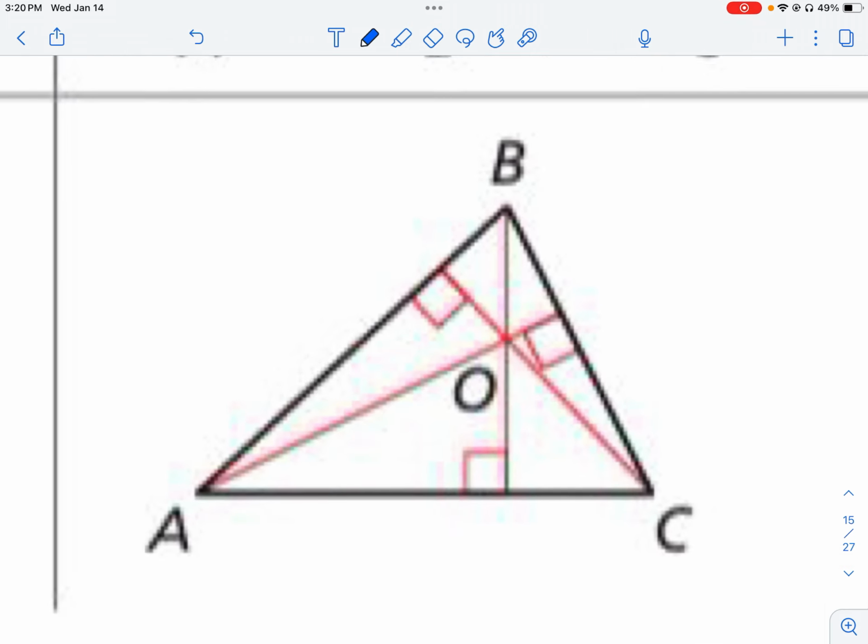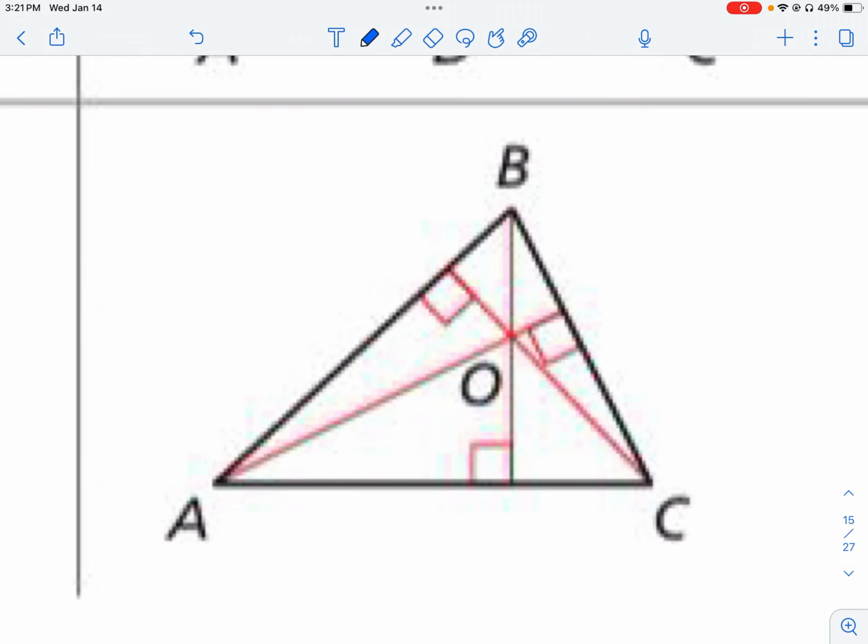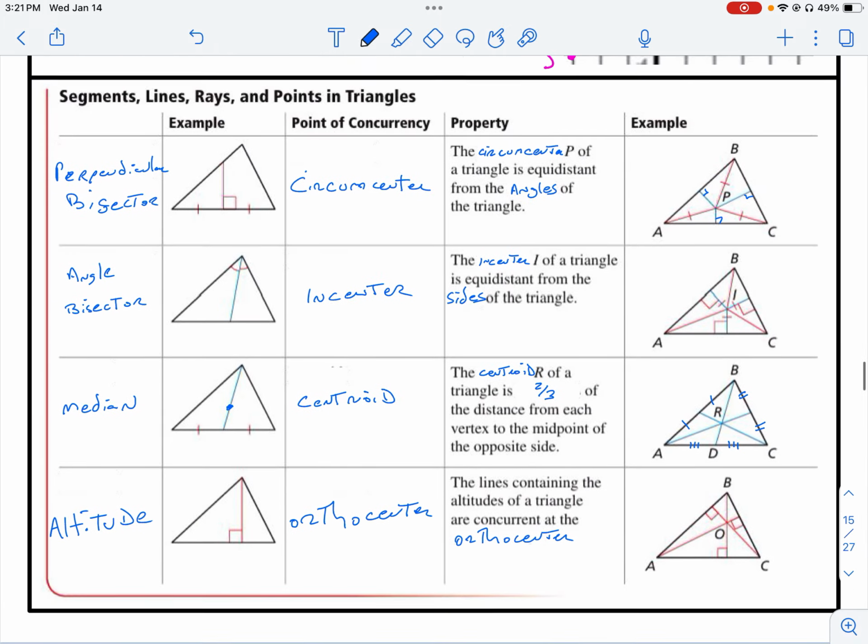And there's a diagram that shows us clearly an orthocenter because we're going from the vertex to the opposite side at a perpendicular line. We have three of them, so O is the orthocenter. And we are done.